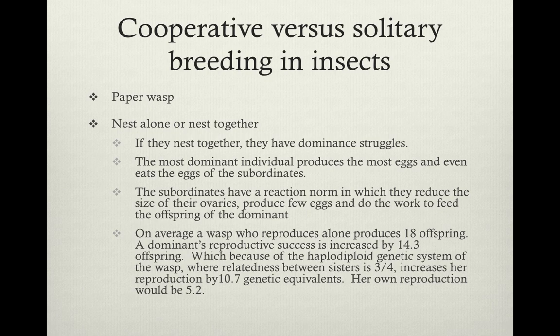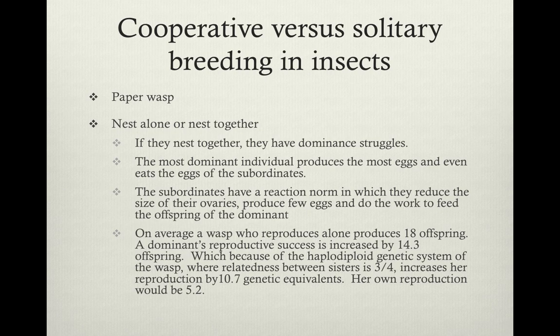We have to remember that generally where there's nesting together, it's among sisters. Paper wasps, like the eusocial ants and eusocial bees, have a unique genetic system called haplodiploidy, which results in sisters being related at the 0.75 level, whereas they're related to their own offspring only at the 0.5 level.